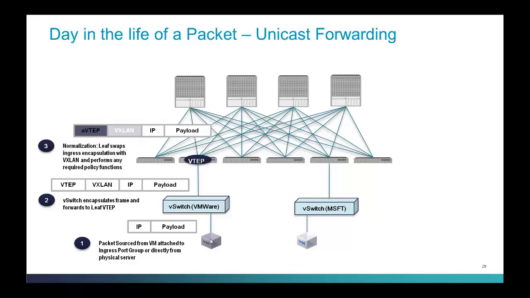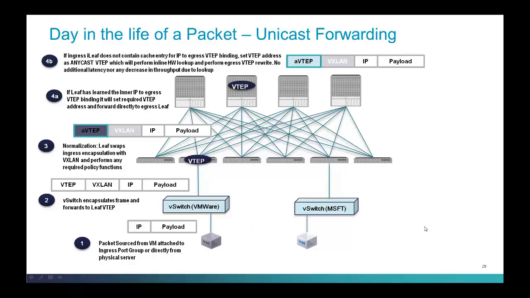The leaf swaps the ingress encapsulation with the VXLAN and performs the functions. And then if it knows how to get to the end leaf, the spine will simply switch it to here. If it doesn't know, the leaf will send an anycast to all the spines, and then one of the spines will respond to the sending leaf on the destination leaf's behalf.